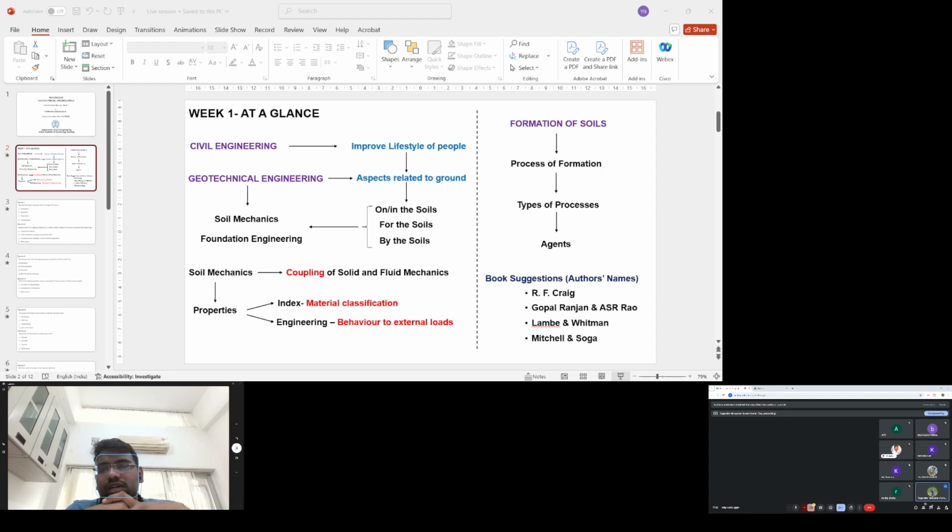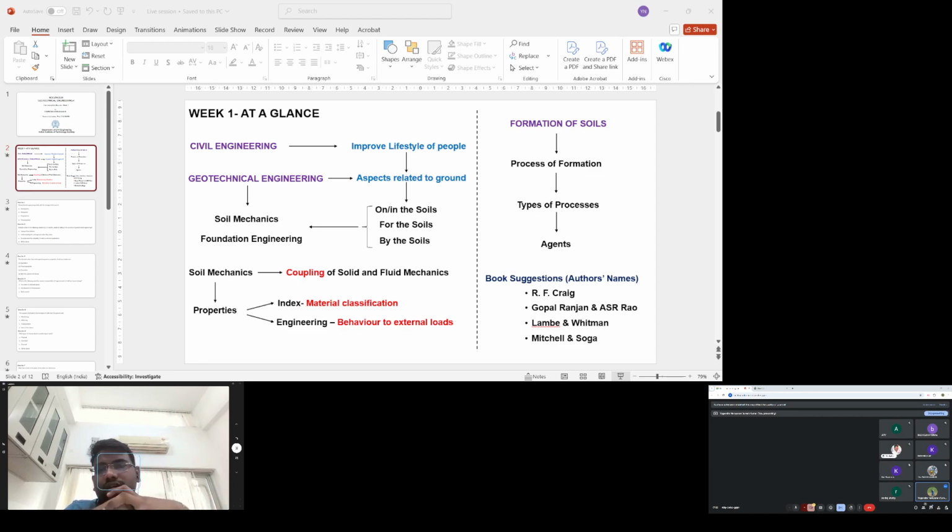And by the soils is that, apart from conventional construction materials like bricks, steel, concrete, etc., there are some structures which have been traditionally constructed by the soils itself. For example, earthen embankments and earthen dams.